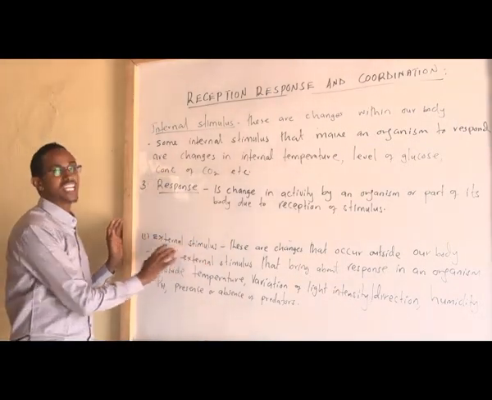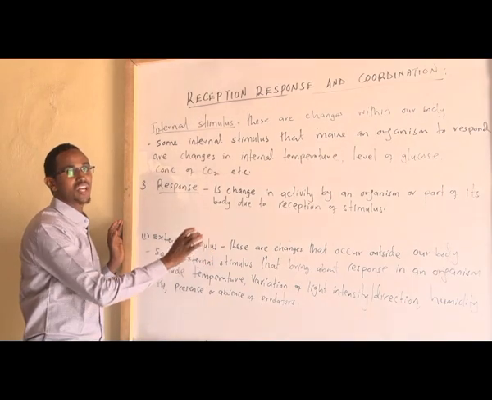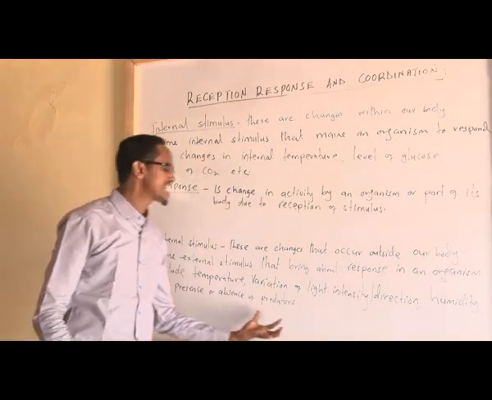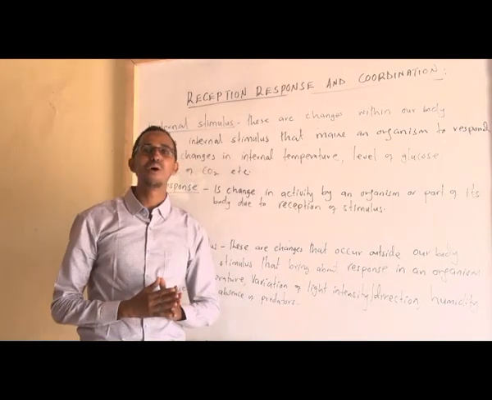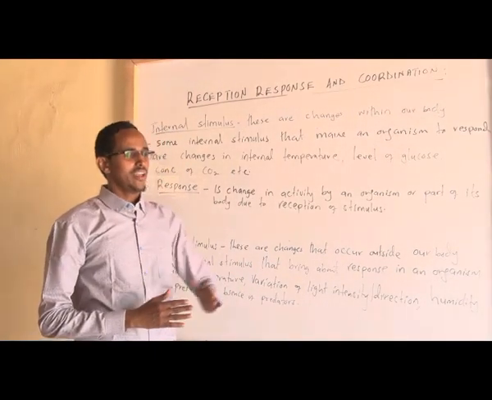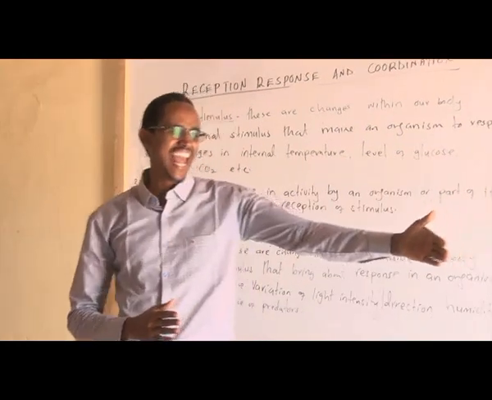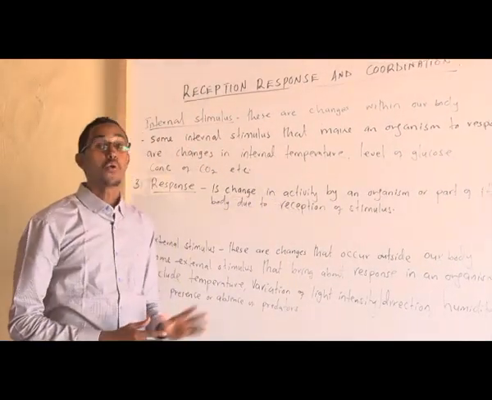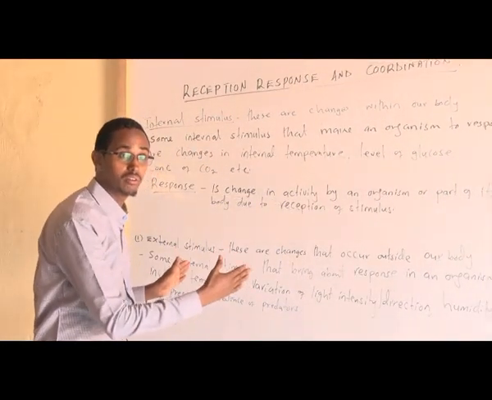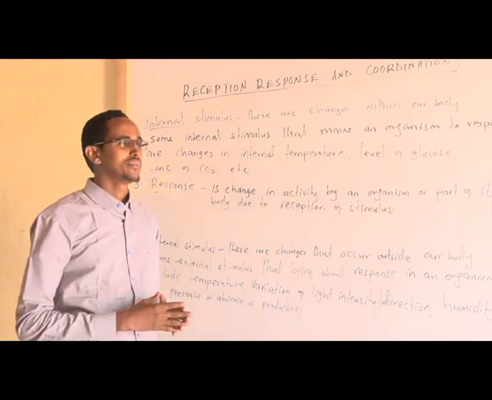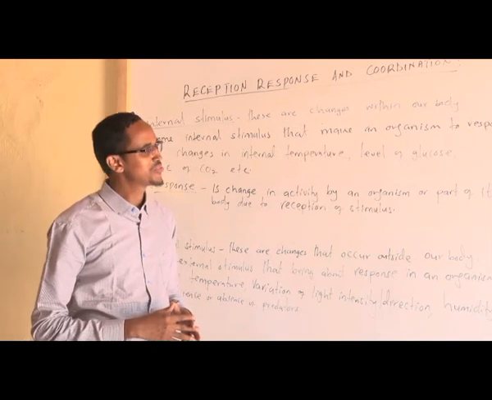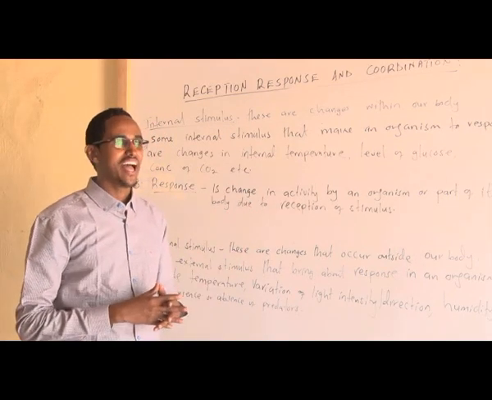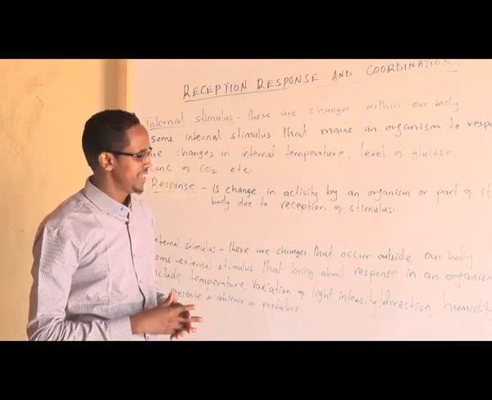When I'm talking about external stimulus, some examples are the presence or absence of predators. Here I am facilitating a biology lesson. If suddenly a lion appears here, will I continue teaching this content? Of course not. I will have to do one of two things as dictated by nature.